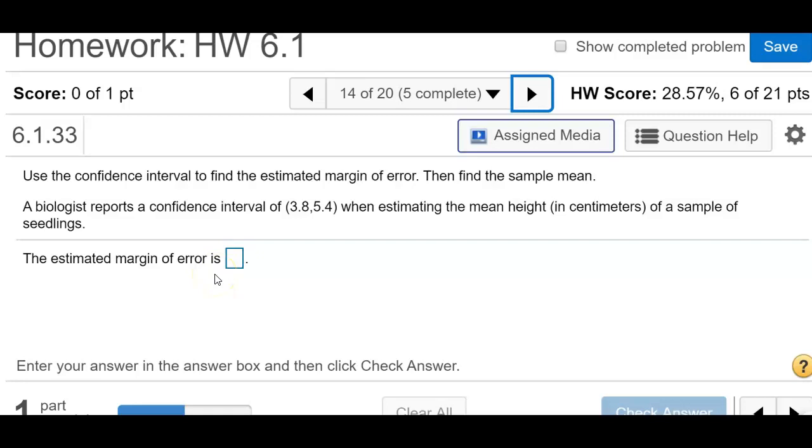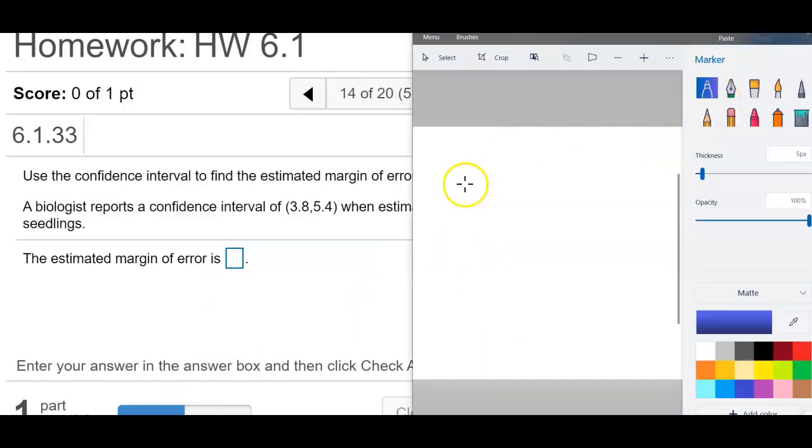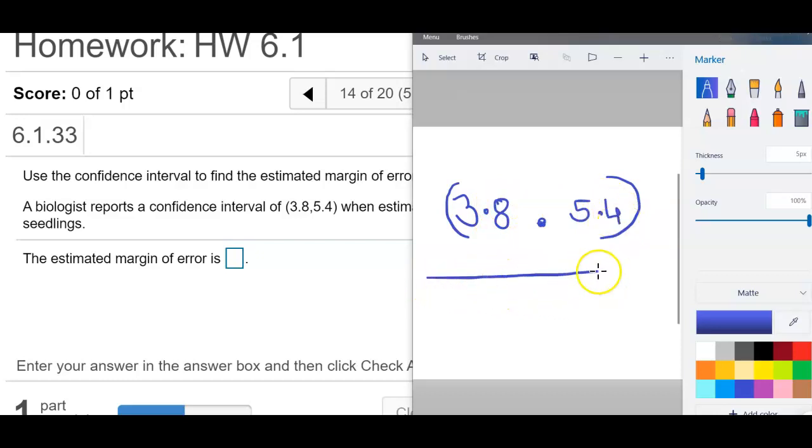So when you take a sample and calculate the mean, the concept here is you give them the lower limit, you give them the upper limit so that your mean is exactly in the middle. He gave me the lower limit is 3.8 and the upper limit is 5.4. So when I draw it on the number line, it's exactly in the middle.